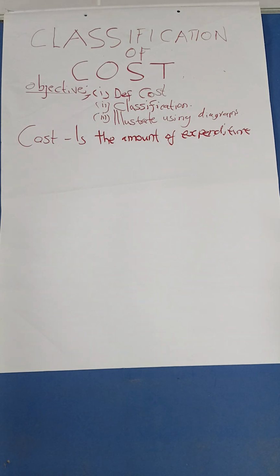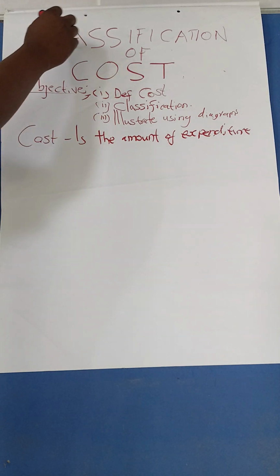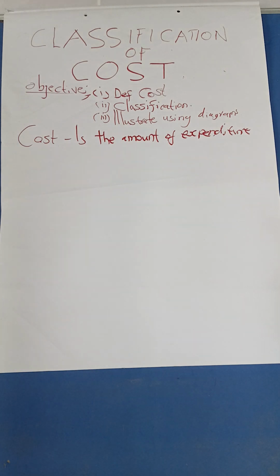So after we have defined cost, as for those following up with the video, those people who account for the cost in an organization, we call them the cost accountant. And the cost accountant's main objective in the business is to ensure that they maximize profit and minimize losses.